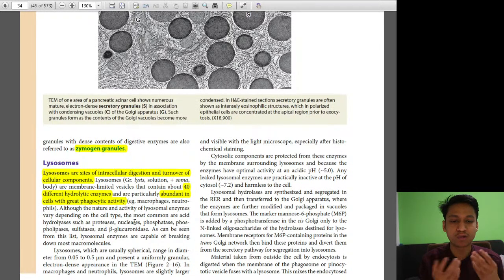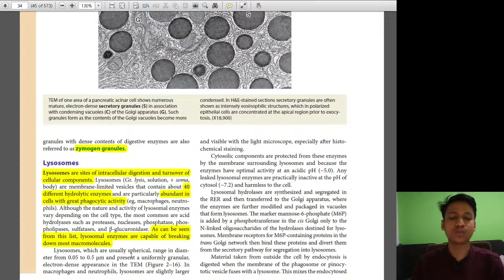For example, protease cleaves protein, nucleases cleave nucleic acids, phosphatase cleaves phosphate from its group, and phospholipase cleaves phospholipids. So as can be seen from the list, lysosomal enzymes are capable of breaking down most macromolecules. As I said, break down, lysis.